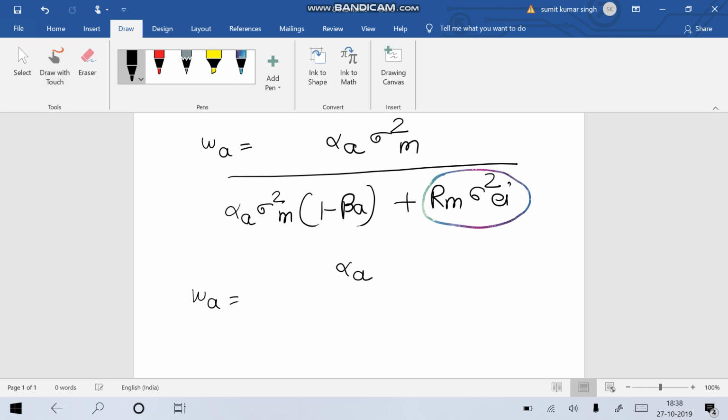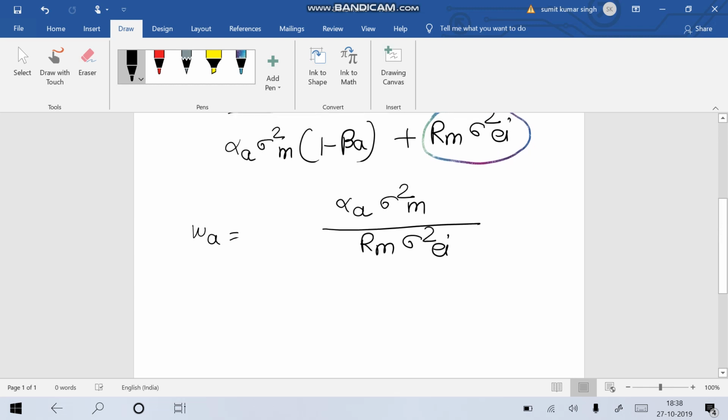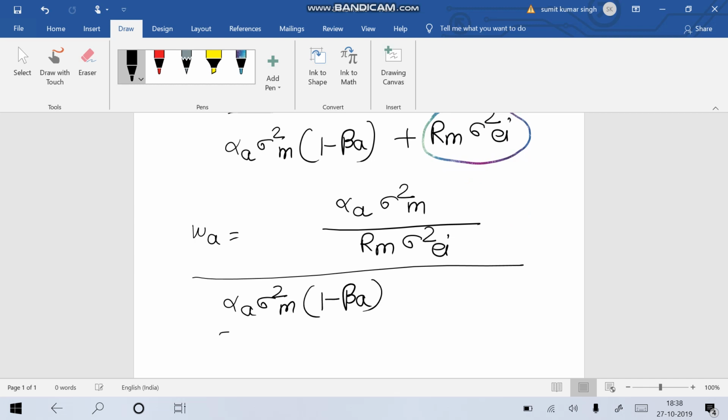So you get alpha of the active portfolio into variance of the market divided by the RM into the residual variance, divided by alpha of the active portfolio into variance of the market into 1 minus beta of the active portfolio divided by the RM into the residual variance, plus 1.